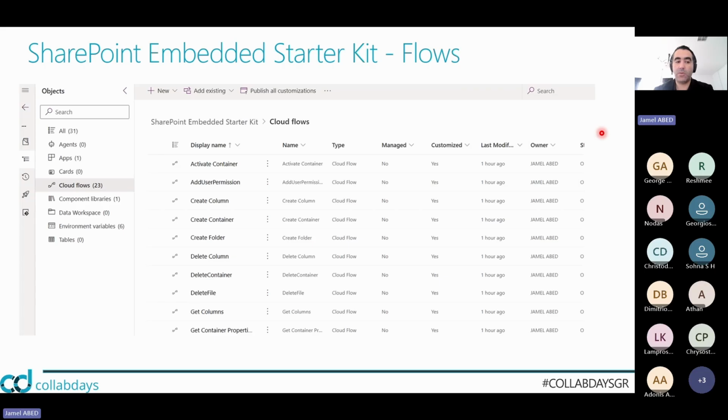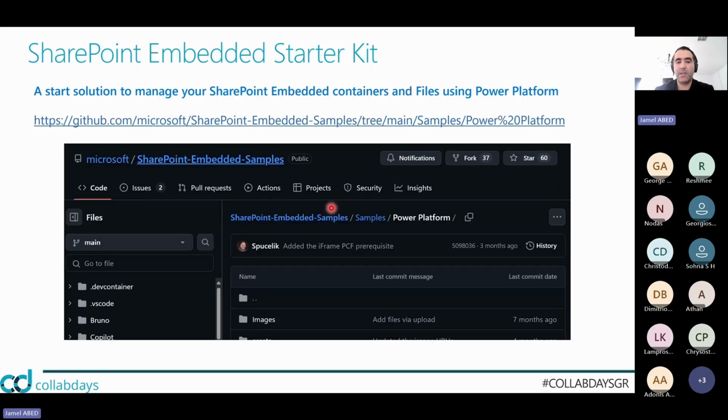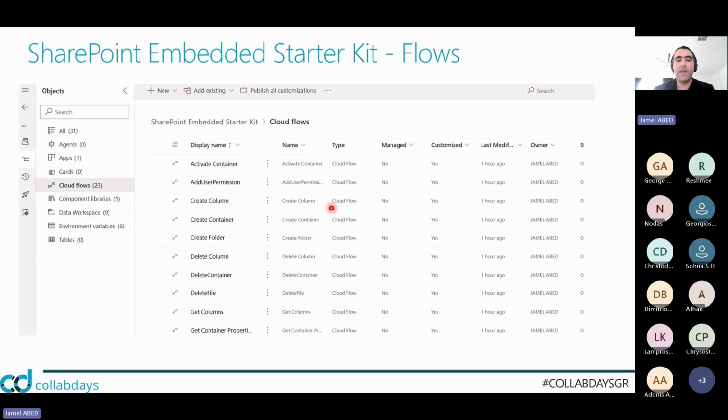Once you install it inside your Power Platform environment, we can find many flows. As you can see here in this application, we already have 23 flows. So we can check how it works, for example, to activate a container, to create a column, to create a container folder. I will share the slide with you, and you can check the link.